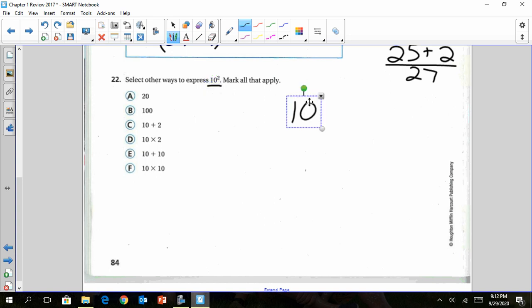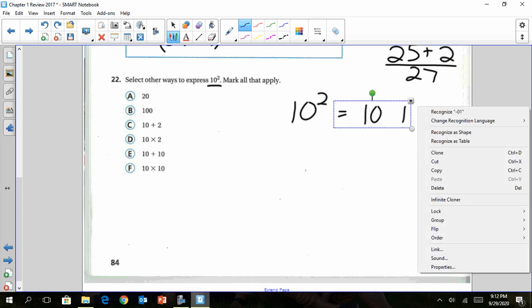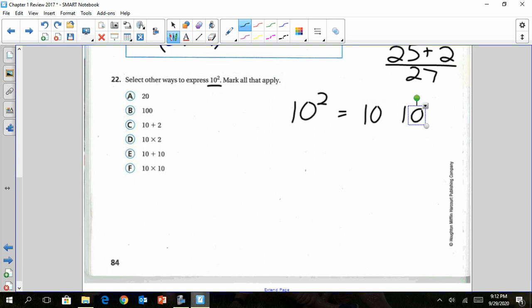So 10 to the second power just simply means that you're going to have 2 10s multiplied together. 2 10s multiplied together. That would be letter F. Also, if I multiply 10 times 10, I'm going to get 100. Which is letter B.